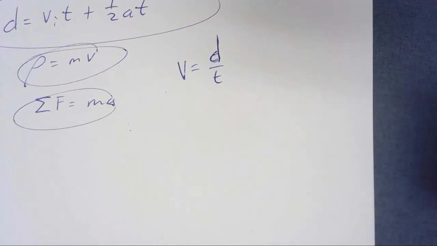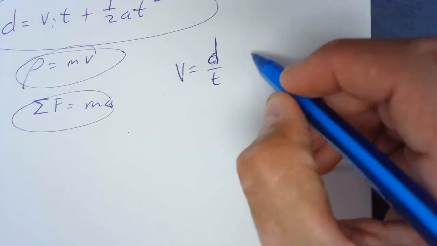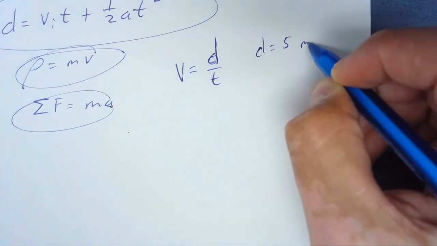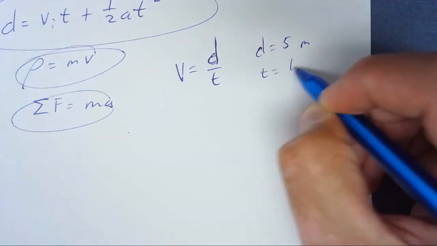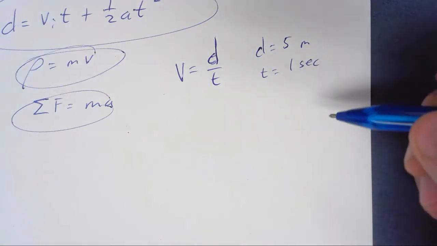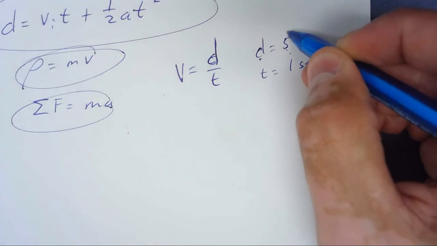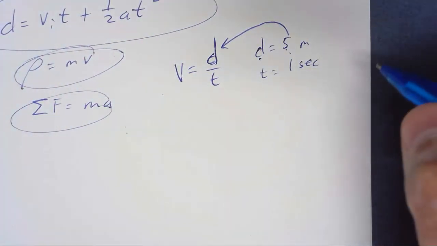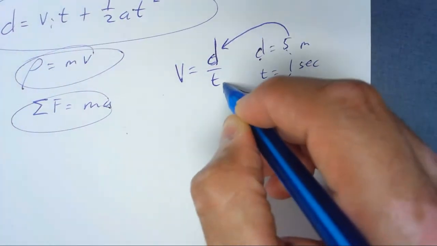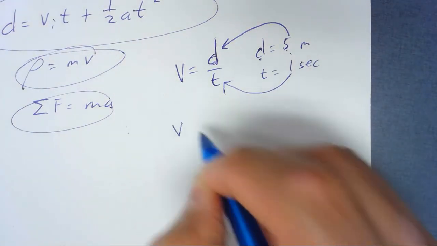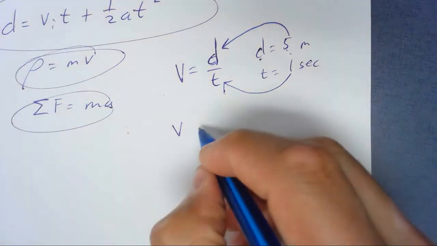And as we saw in the problem that I just showed you, our distance was 5 meters. We saw that our time was 1 second. So when we substitute, all we're going to do is, this is an equality. We're going to take this number and replace the variable in the equation with that number. And then we're going to rewrite the thing with the numbers instead of the variables.